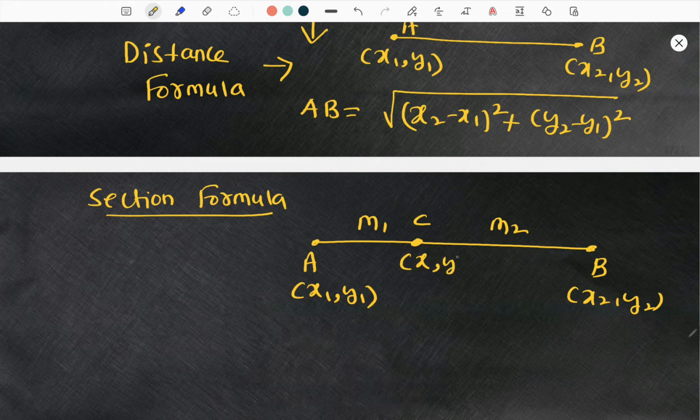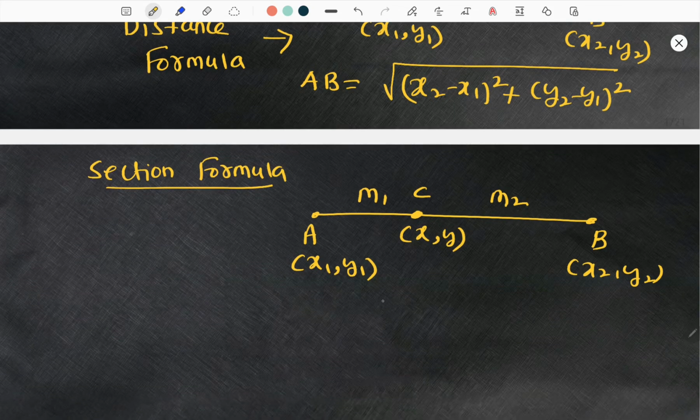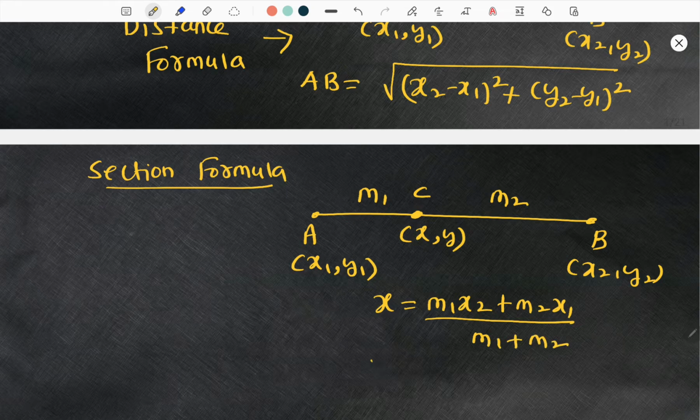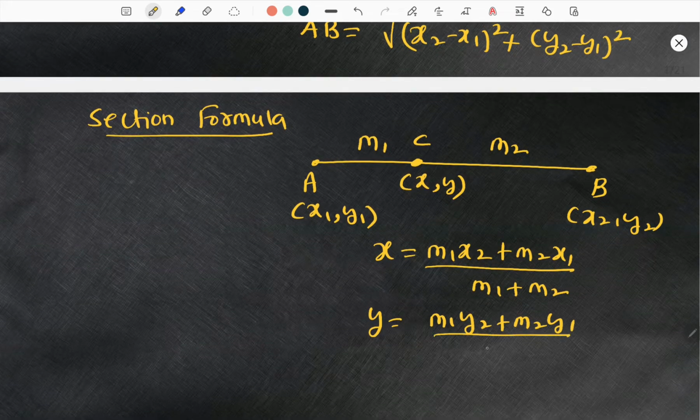Then this C has to be x and y, and the formulae are: x is equal to m1 x2 plus m2 x1 divided by m1 plus m2, and y is equal to m1 y2 plus m2 y1 divided by m1 plus m2. So these are the formulae for x and y.